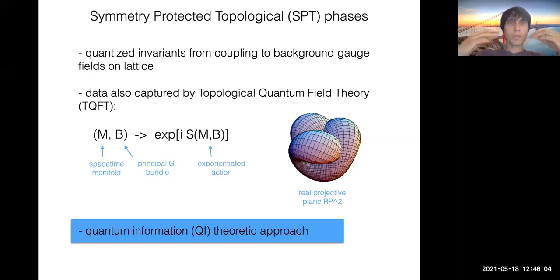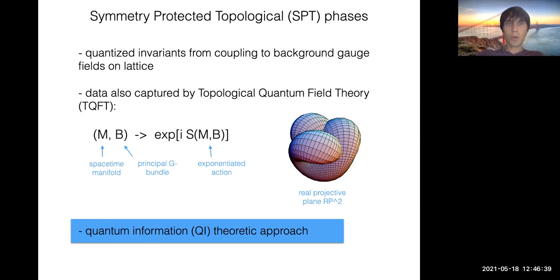Right. So these symmetry protected topological phases, these SPT phases, have been an intense area of research interest in the last 10 years or so. There are various different ways of understanding why you can have these symmetry protected phases which don't differ on the basis of symmetry breaking and don't differ on the basis of anyons because they don't have any.